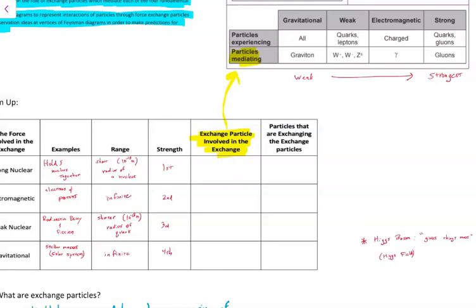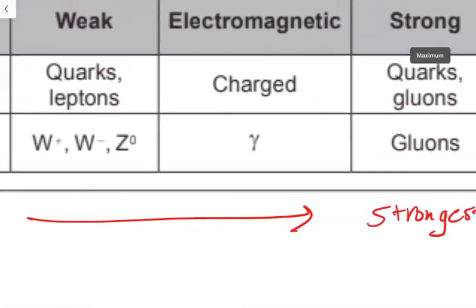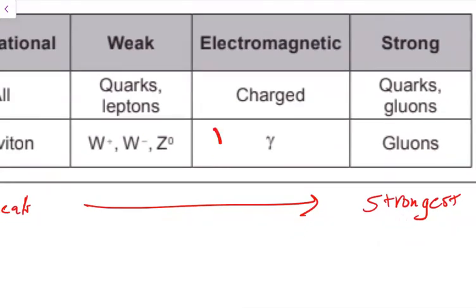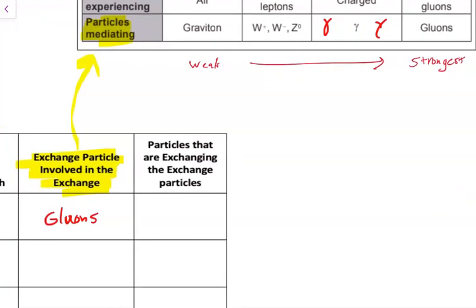So for strong nuclear, in my data booklet, I can see that gluons are mediating that force. For electromagnetic, I see this symbol, and there are two ways to draw this. One's with that little loop, making the loop more apparent. I tend to draw more of a Y, although I believe the loop is the correct way.